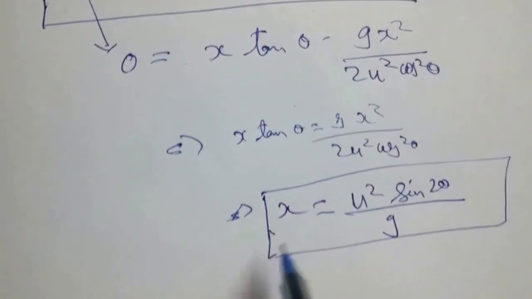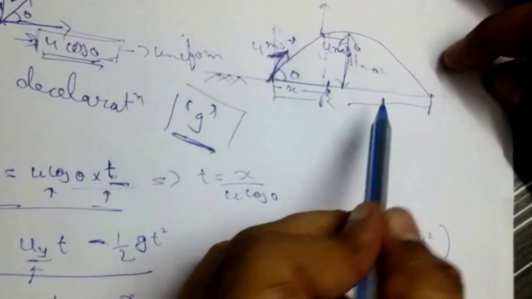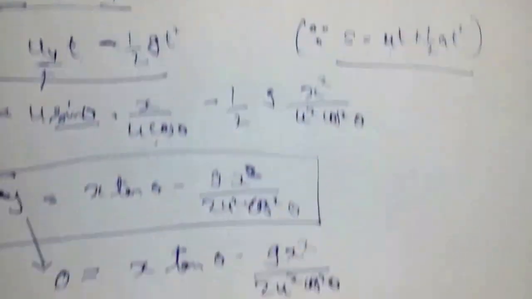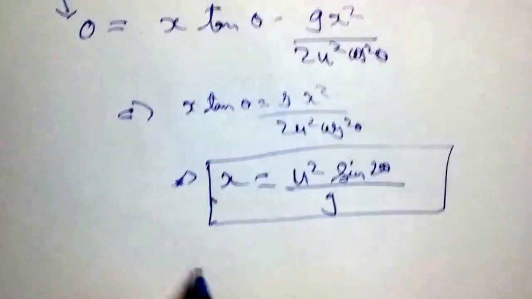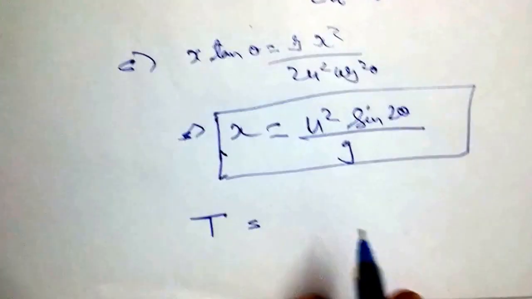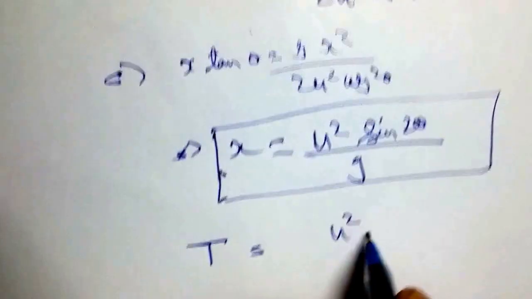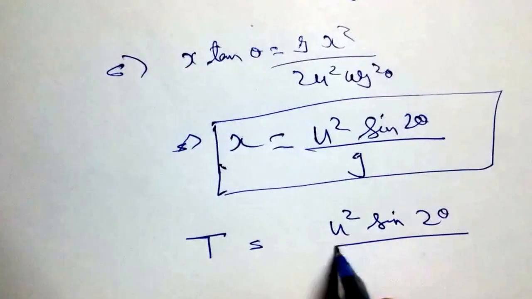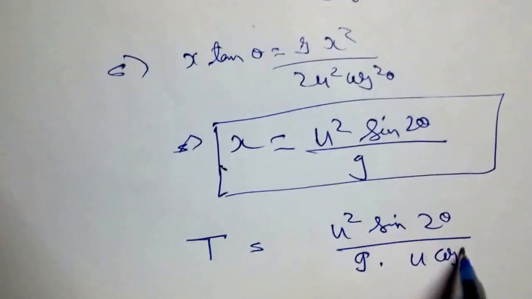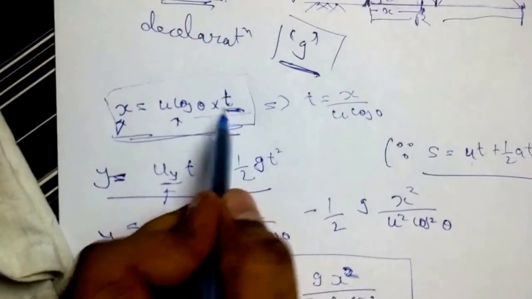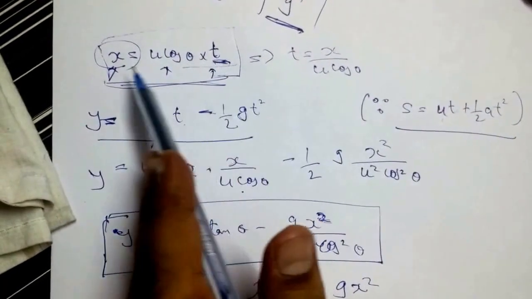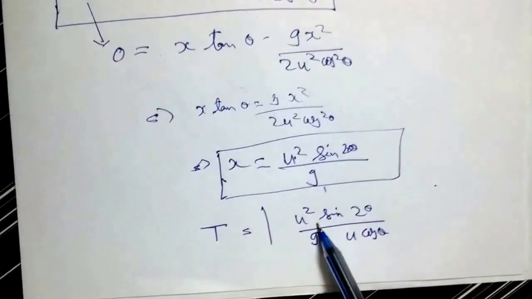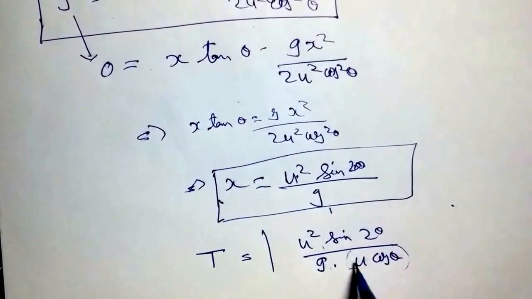So this is my horizontal range covered, that is the distance covered by the ball in horizontal direction, and the time required to cover this distance would be t equals u square sine 2 theta by g upon u cos theta. This comes from the equation x equals u cos theta multiplied by t. So suppose my x is u square sine 2 theta by g, t would be equal to x upon u cos theta, that is u square sine 2 theta by g divided by u cos theta.